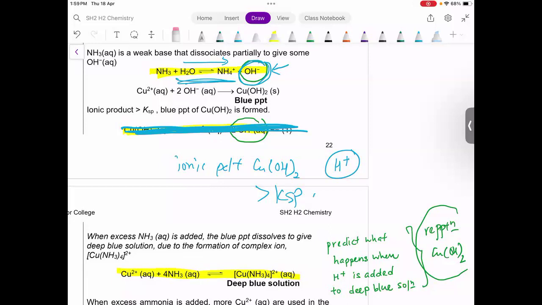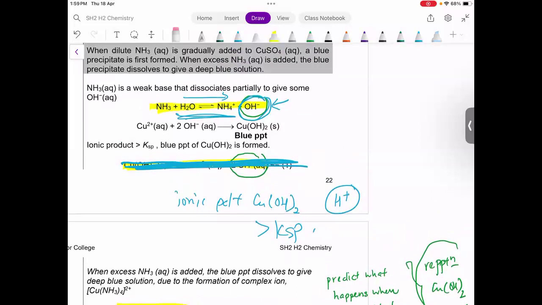When the H plus is added, it will react this OH minus away. Then it will affect this ammonia, because less will be present. Then it will move back, then this will go up again. So when this goes up, the ionic product of this will be exceeded.